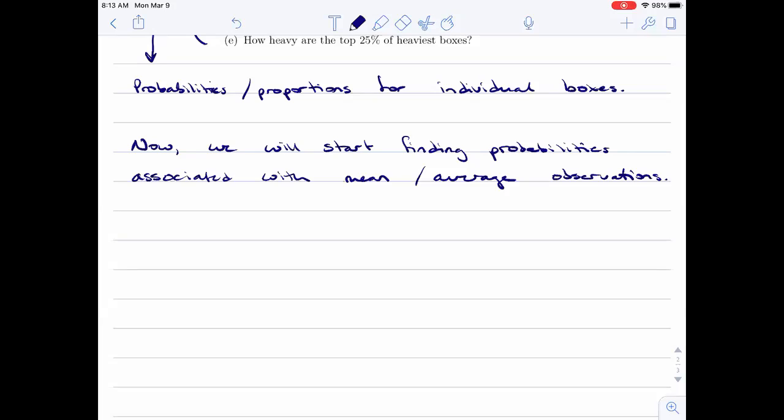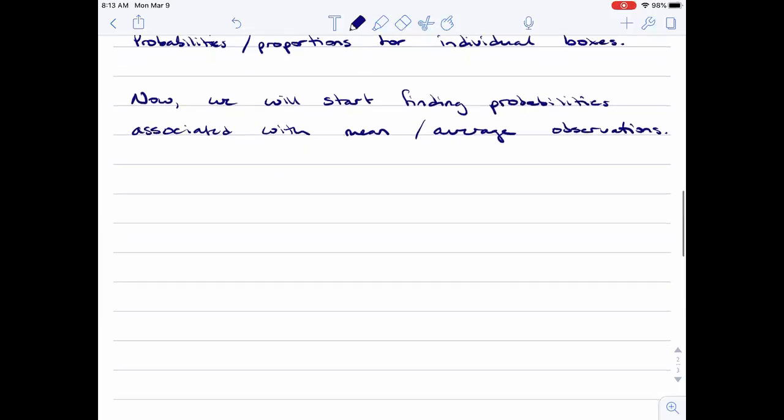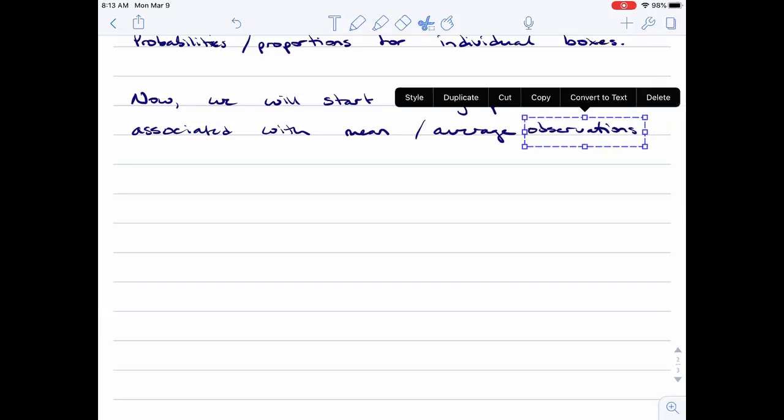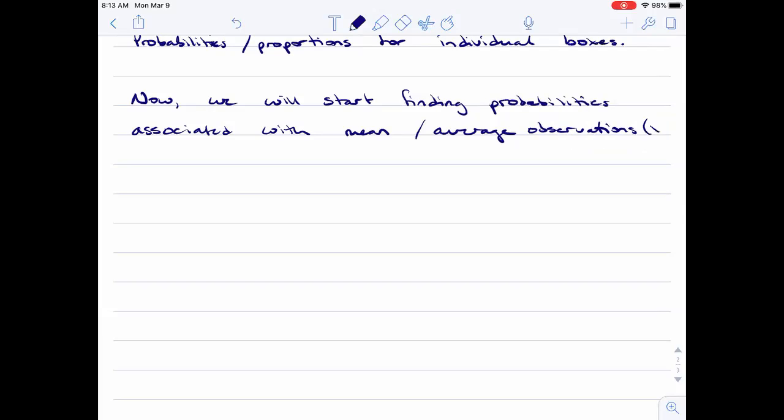So now you're saying, okay, I'm not talking about individual observations anymore. Now I'm talking about a mean observation, X bar.